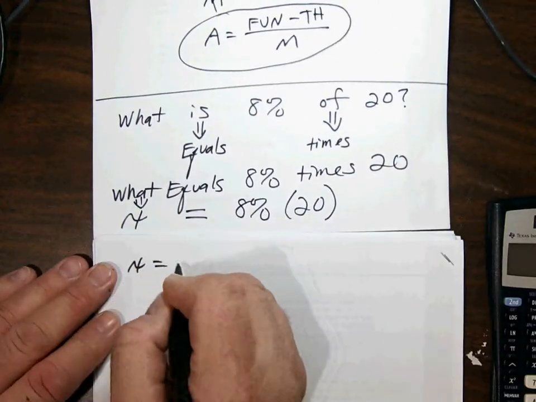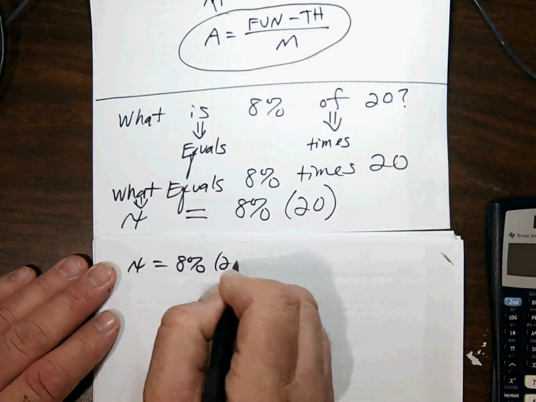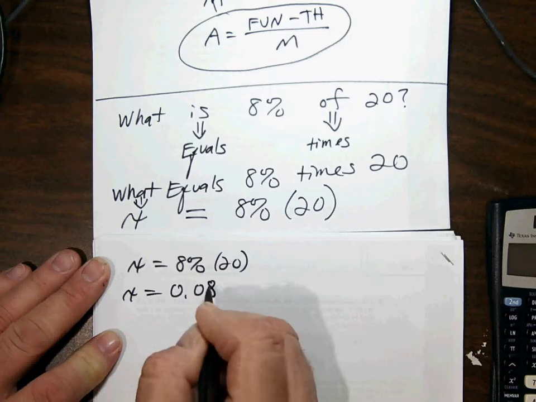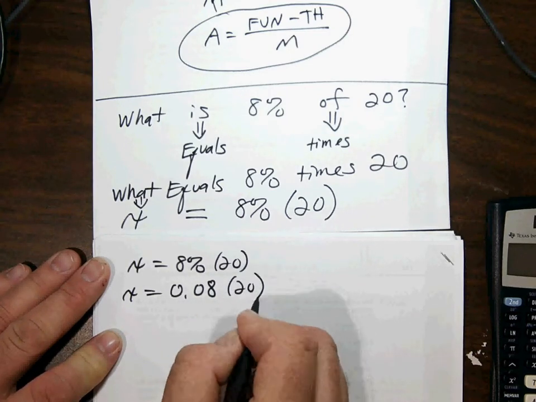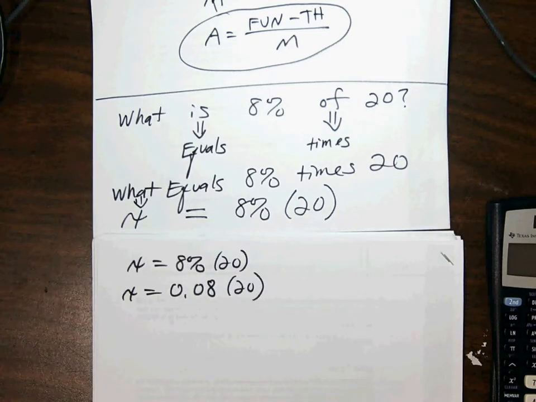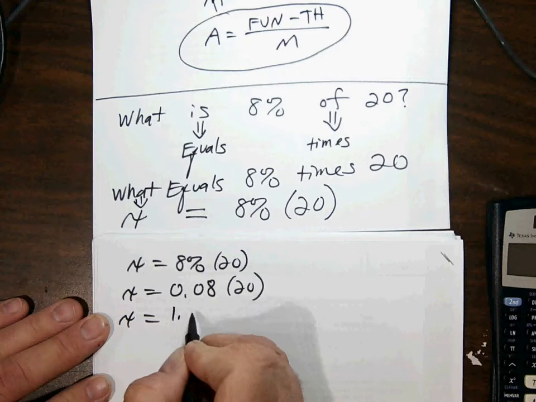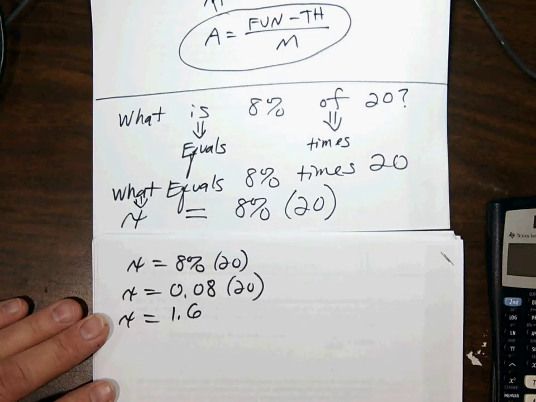X equals 8% times 20. Well, as a decimal, 8% is 0.08, right, times 20. So I just have to figure out what is 0.08 times 20. And when I do that, I get 1.6, I believe, right? Yes, 1.6. Okay?